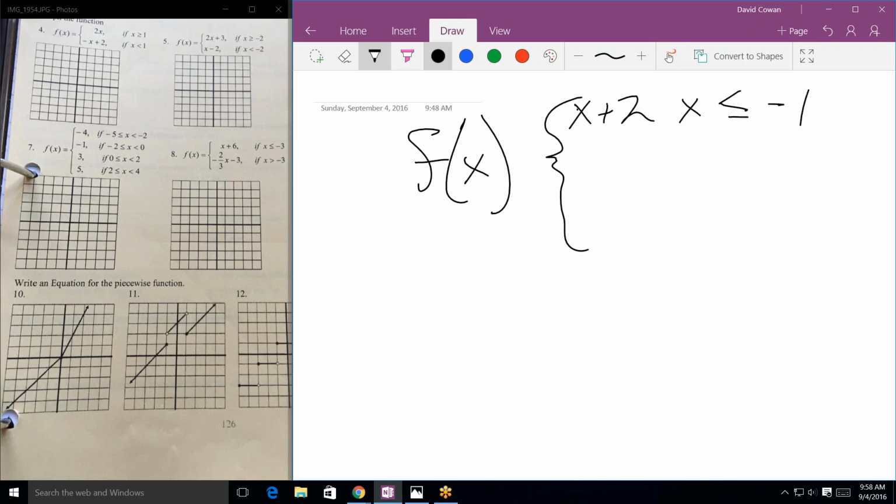Now, what are the next 2 key points? In other words, when x is less than what and greater than what? So it'd be x is less than 1, and then greater than or equal to 2. Hold on. Or less than. This interval that you're looking at that has the middle line on number 7, that interval goes from what to what on the x-axis?